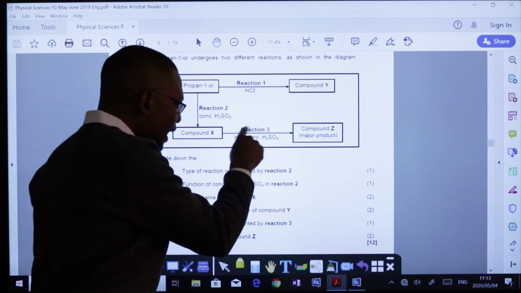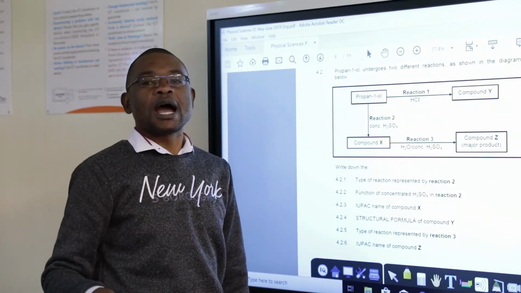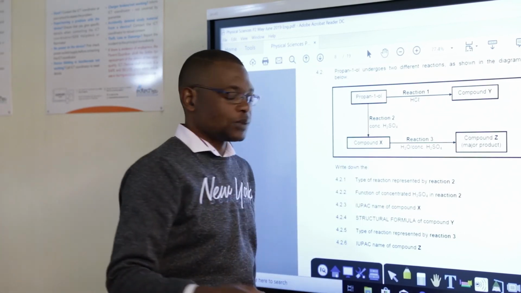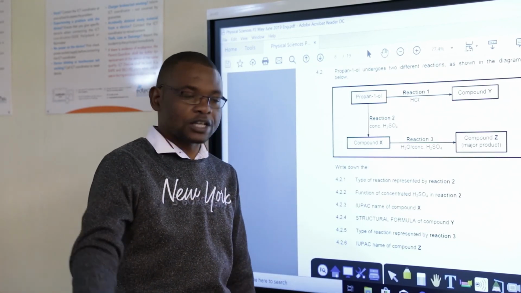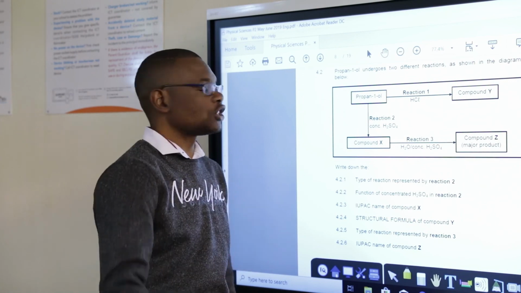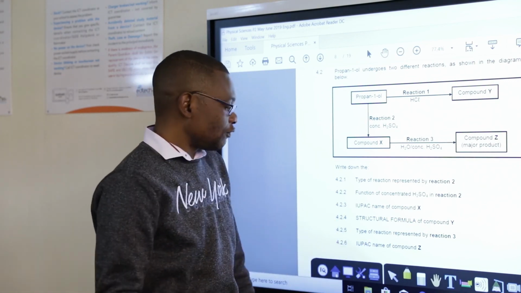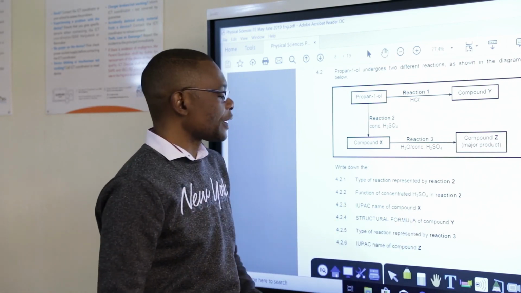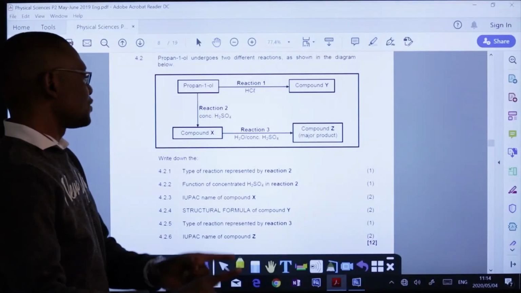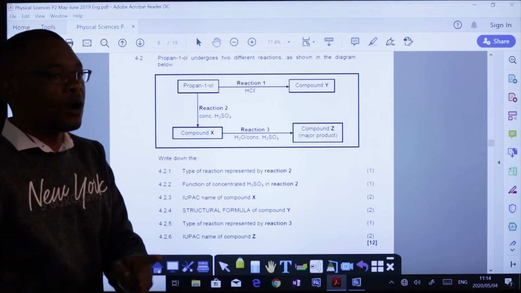Okay, and now we are adding the water molecule back across the double bond. So in other words, we can say it's an addition reaction or it's a hydration reaction, and the specific name of that reaction is called acid catalyzed hydration of alkene.